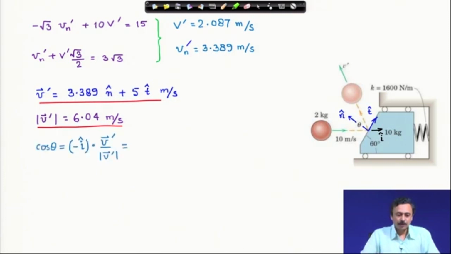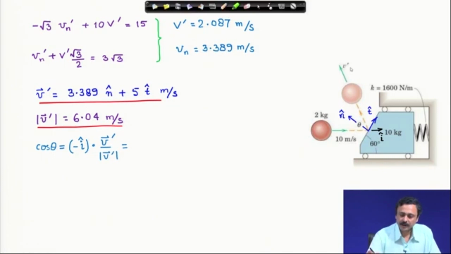Now comes the second part of the problem, which is finding out the compression of the spring. You can see that for this cosine theta, we have to find out this angle as well. Cosine theta is nothing but minus I cap dot the unit vector in this direction.